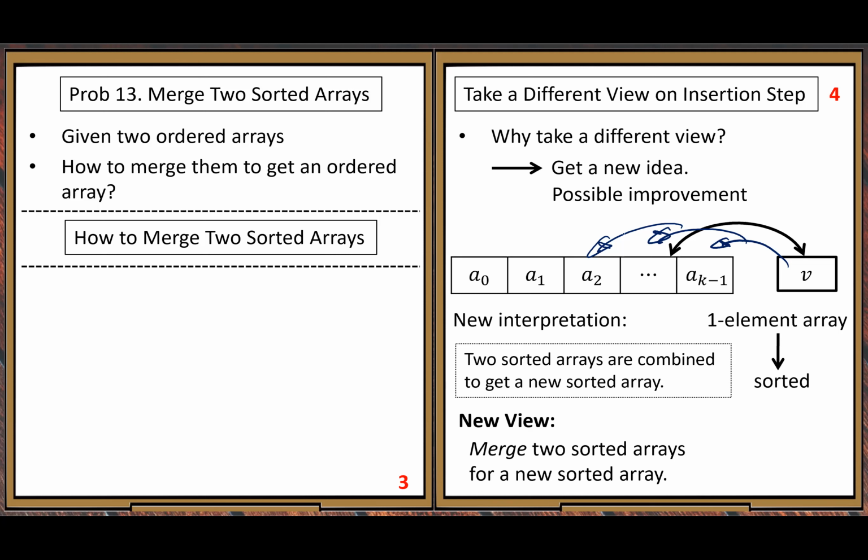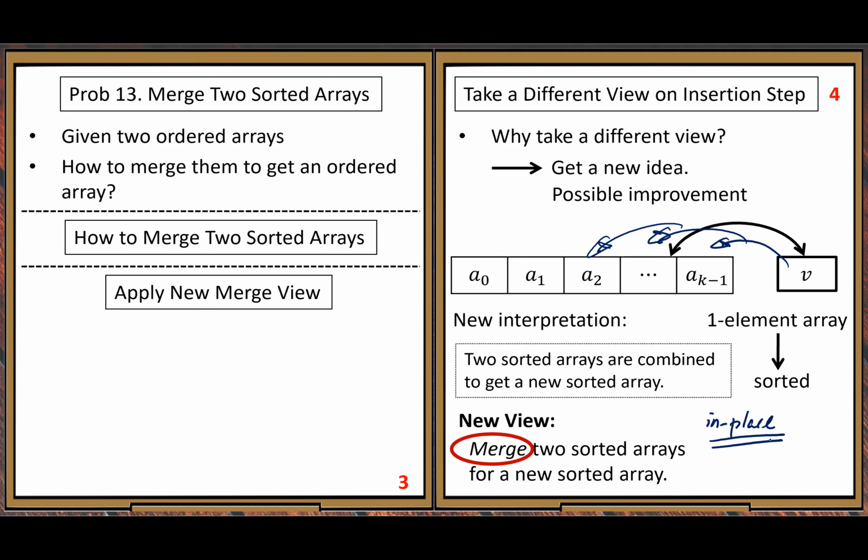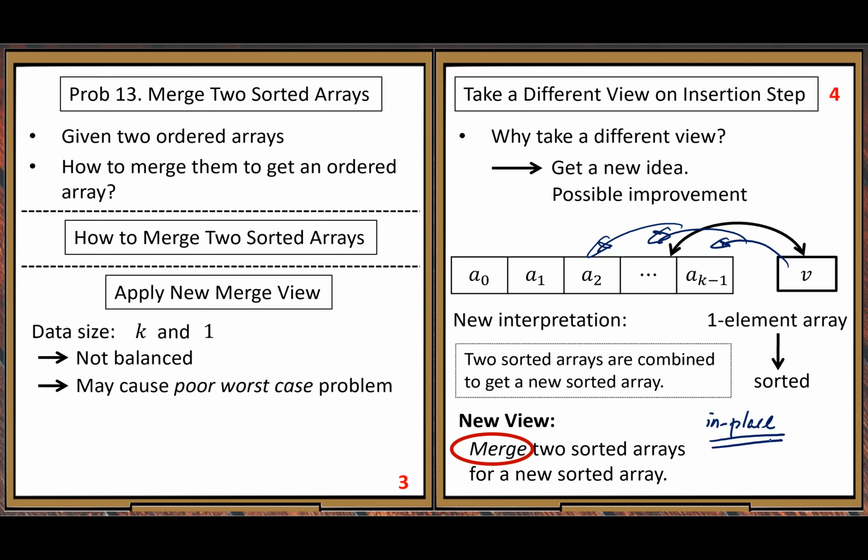Remember the terminology, in place. Put one element in place. As for data size, the first array has k elements, but the second array has one element. That's for the insertion step. Not balanced.